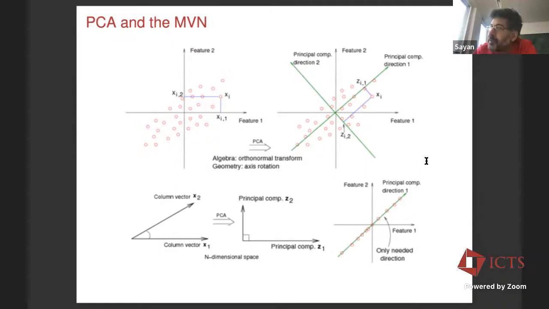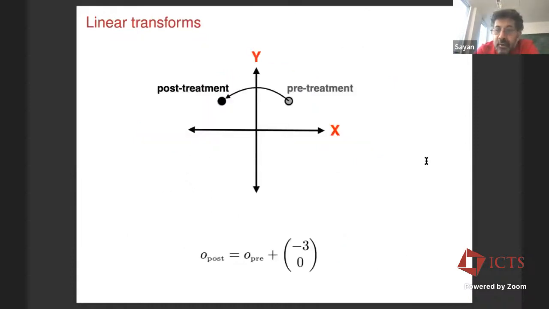PCA is a classical example of how the multivariate normal gives you something really intuitive, and you can relate the statistics to the geometry of the data. What else is nice with normal data is that if you know how your treatment effect is pushing something, it's a linear map. And that is so useful and nice.